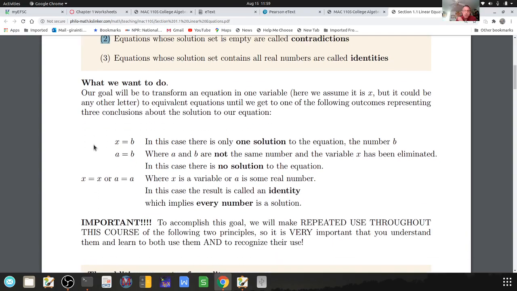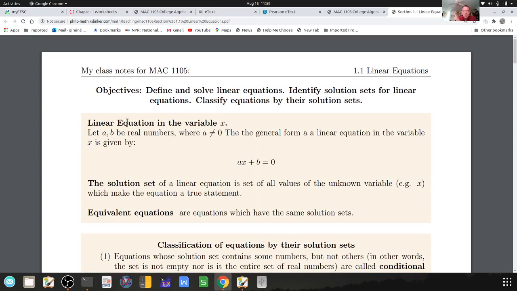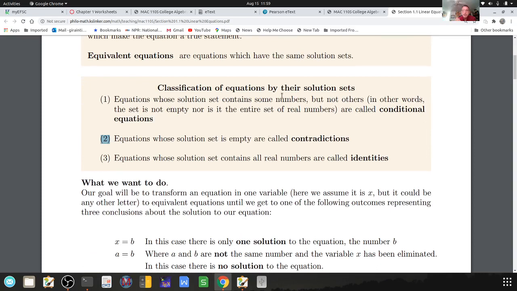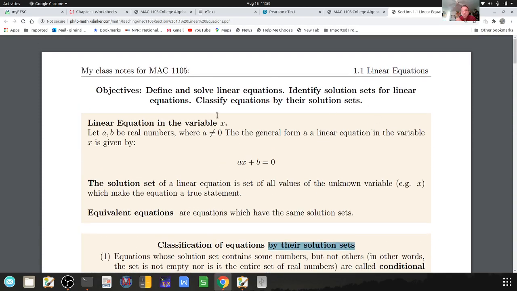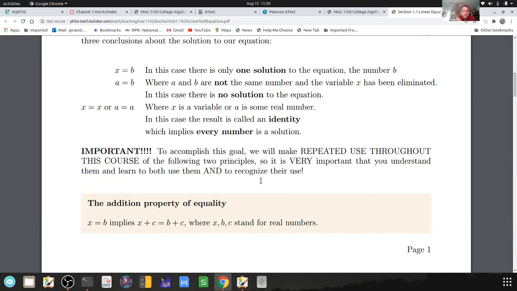So, just to summarize really fast, we've defined a linear equation in the variable x. That's one classification of equations. Another classification of equations is by their solution set. 2 different classifications of equations. But one of our goals was to solve linear equations. So this is what we want to do.